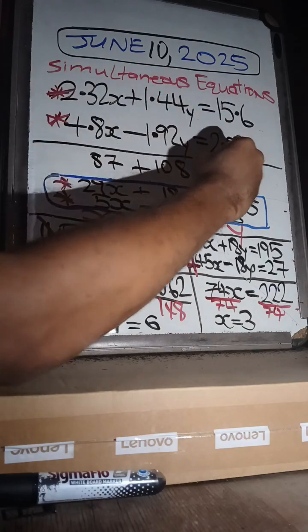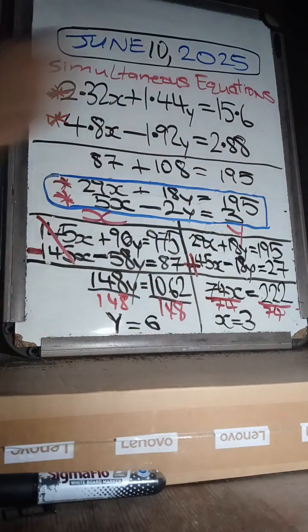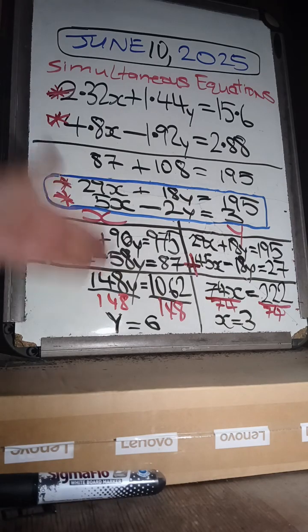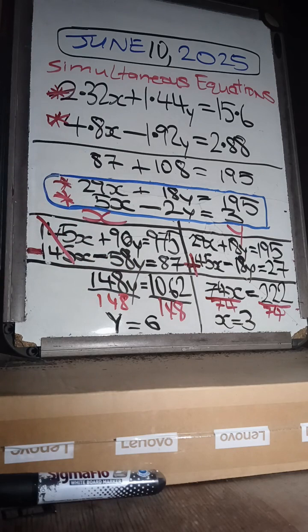When you add them together, you get 195. But these numbers, nah, they don't give me that. So let me see something. Yeah, no. What is going on? Something is off with the sense.